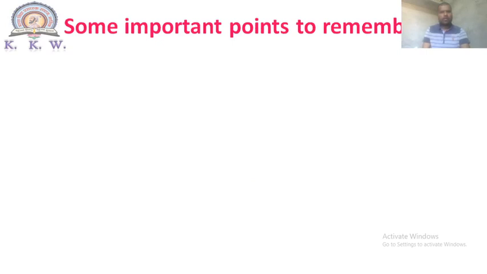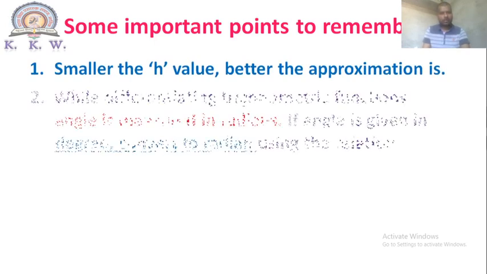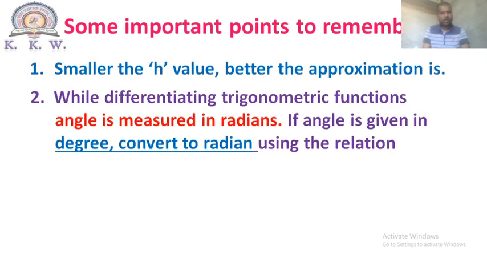Now, some important points to be remembered. First point is, the smaller the h value, the better the approximation. Secondly, while differentiating a trigonometric function, the angle is measured in radians. If the angle is in degrees, then use the relation 1 degree is equal to 0.0175 radian.